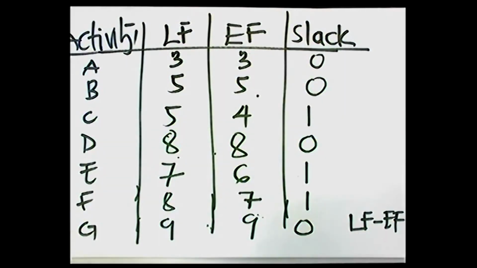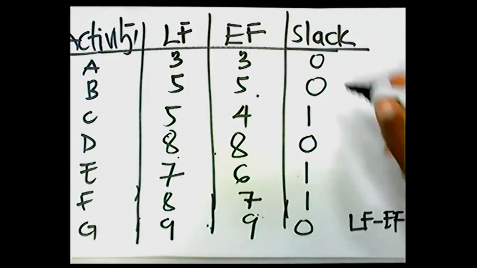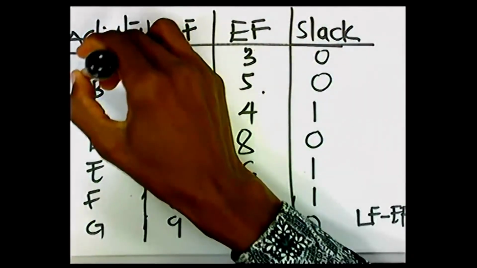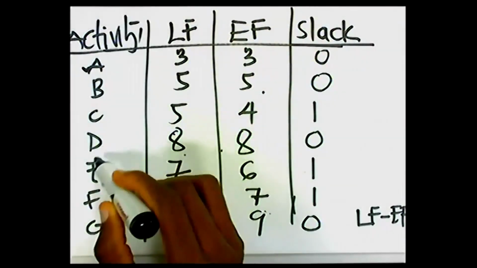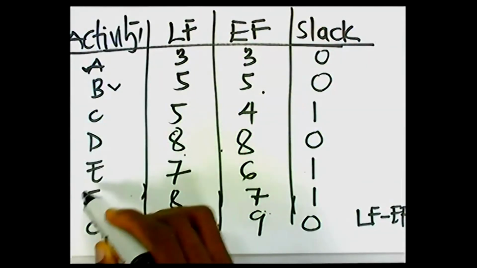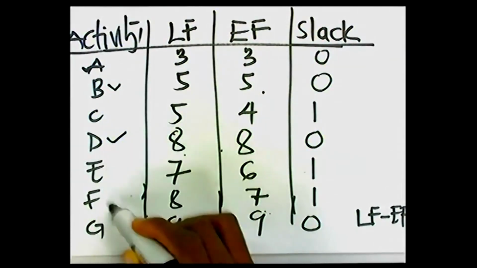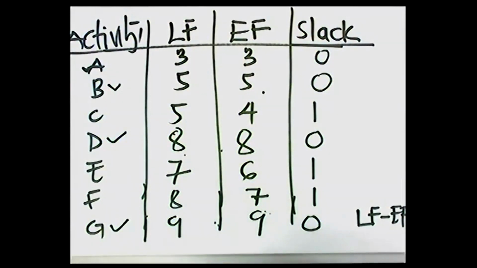We found our slacks. Any activity with a slack of 0, any activity that you had 0 for as its slack is a critical activity. So we have 4 critical activities here. So we have activity A here being a critical activity. We have activity B also being a critical one. D is 0, and then G is 0.